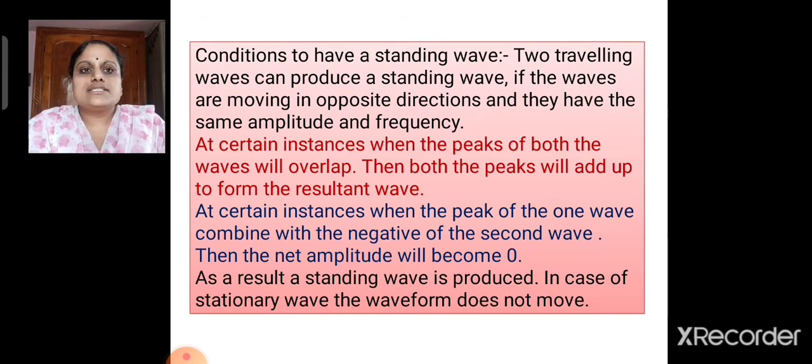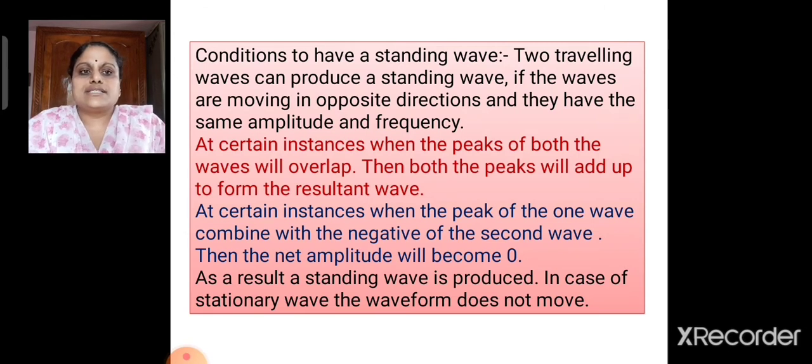Now let us discuss the conditions to have a standing wave. Two traveling waves can produce a standing wave if the waves are moving in opposite directions and they have the same amplitude and frequency. At certain instances, when the peaks of both the waves overlap, then the amplitudes add up to form the resultant wave.